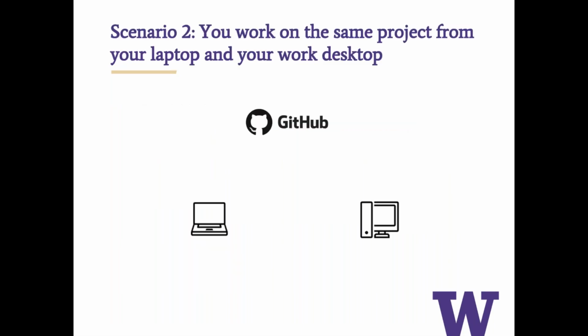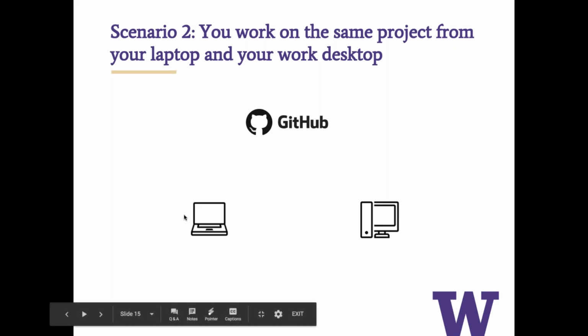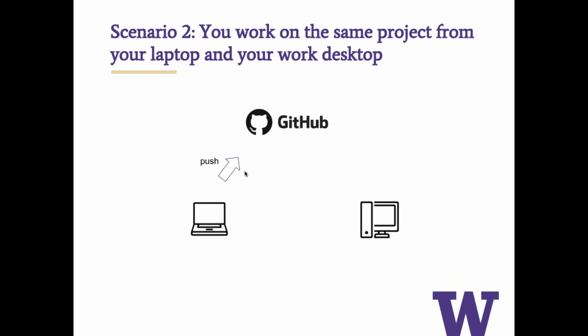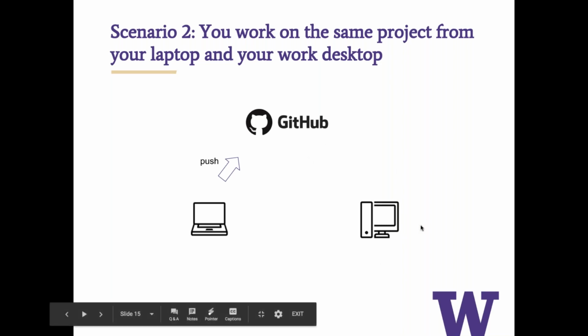So now we're going to discuss a scenario that happens often in real life. You work on your laptop, and we just learned how to make changes from your laptop and push those changes to the GitHub website. But what if you work on your desktop in school, and at home you want to work on your laptop?